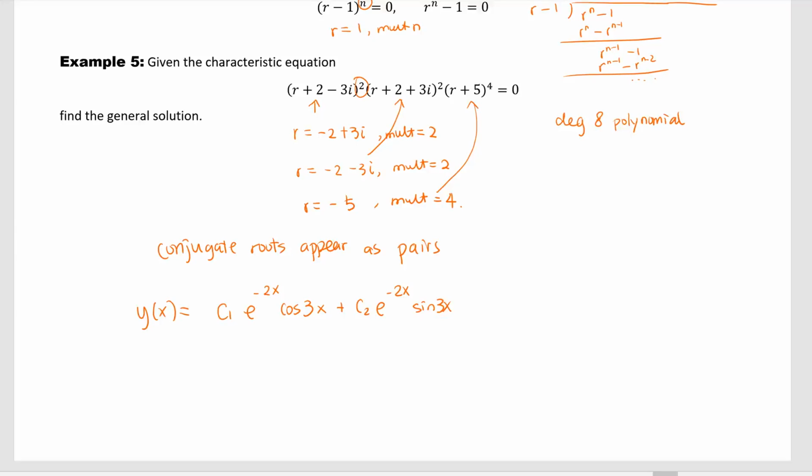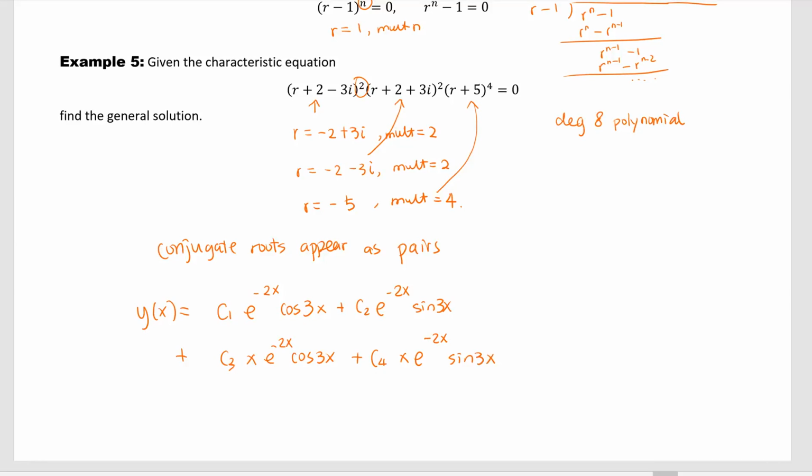But because the complex conjugate pair has multiplicity 2, we're gonna have more. Multiplicity 2 means the effect is you multiply by an extra x term: c3 x e to the negative 2x cosine 3x plus c4 x e to the negative 2x sine 3x.